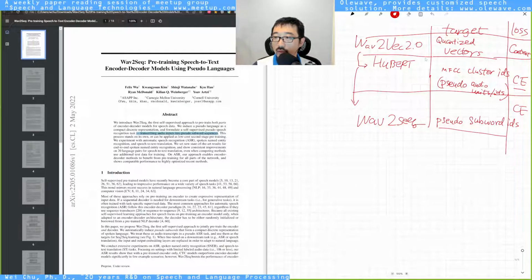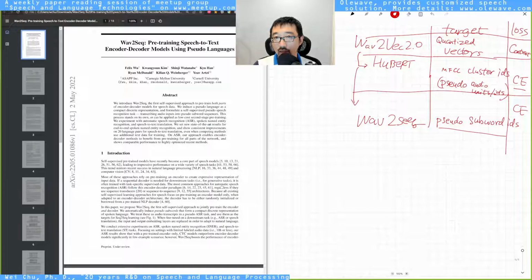And the benefit of this, as claimed by them, is that they can apply low-cost second stage pre-training, which means they do not need that much transcribed data for fine-tuning the decoder, because they claim that by introducing these subword IDs, they could introduce some type of language knowledge into their pre-trained model.